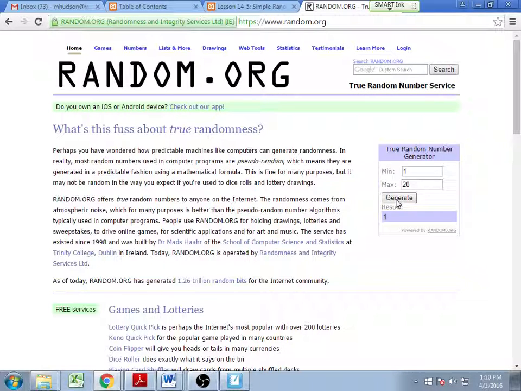Wait, what if we don't know where a person 1 is? Well, you were supposed to assign numbers to each person. I can't see my numbers. Well, that's your problem. Next person. Person 3. Number 20. Next person. Number 11. Next person is number 4.